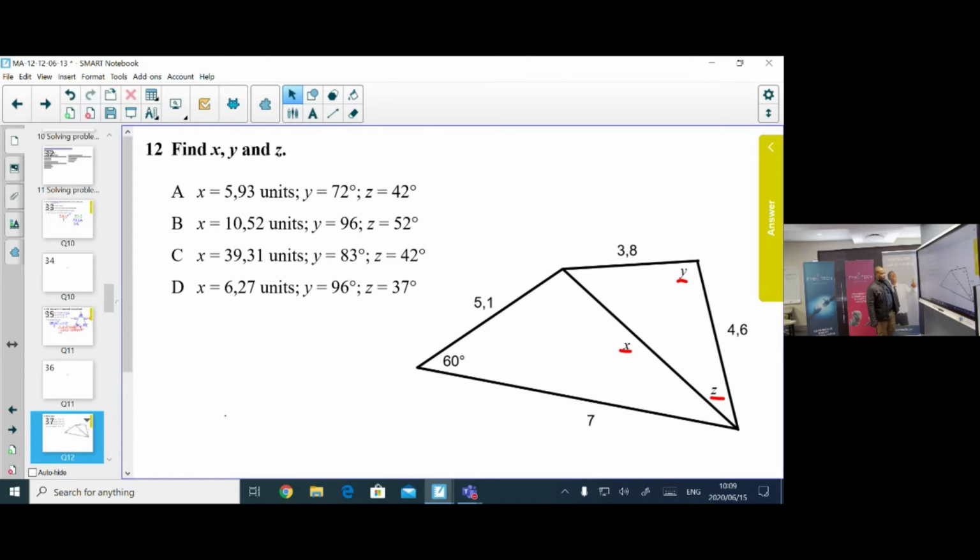In this regard, we can start by looking for X, which we can notice that in terms of X, we have a side followed by an angle followed by a side.